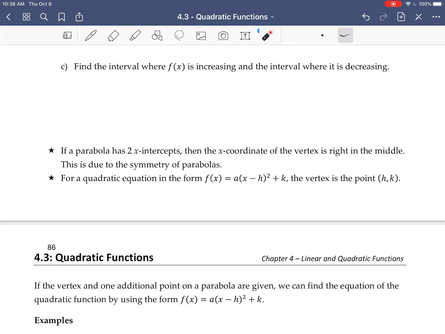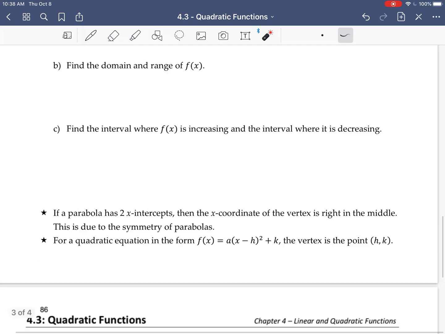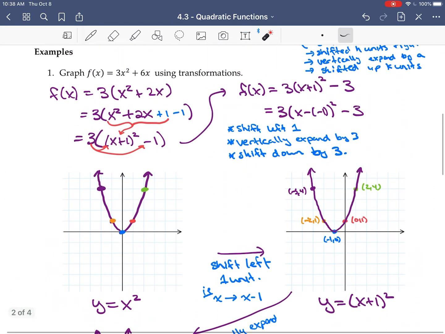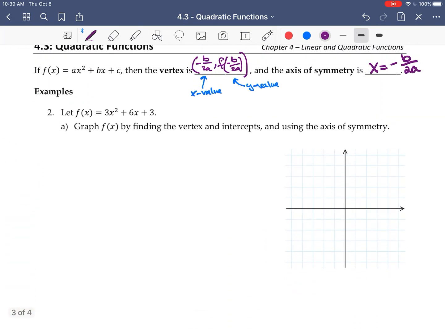So your vertex is (h, k) when it's in that form. If we go back up and look, when we put it in that form, our vertex has x value -1 and y value -3. So we could read it right from there. We didn't actually have to do all the transformations. But anyway, you're welcome to use the formula here for example 2.